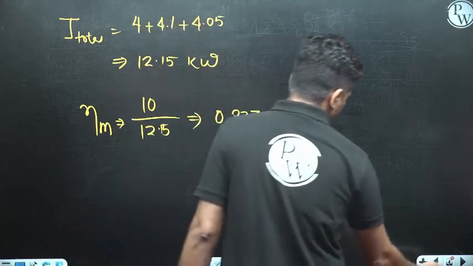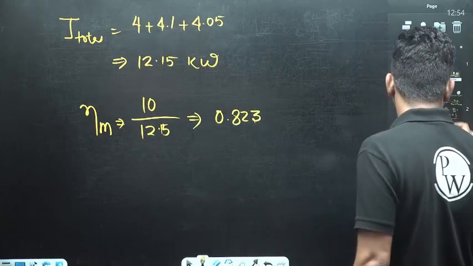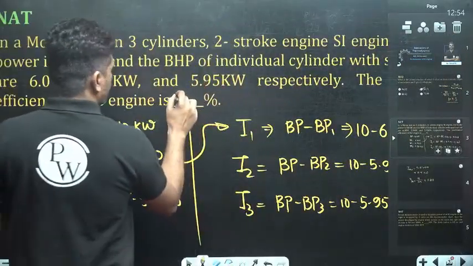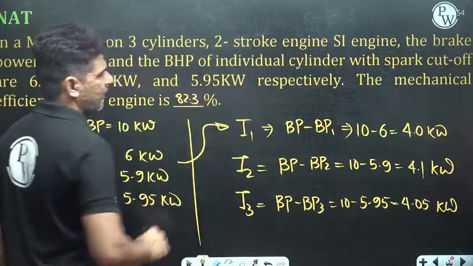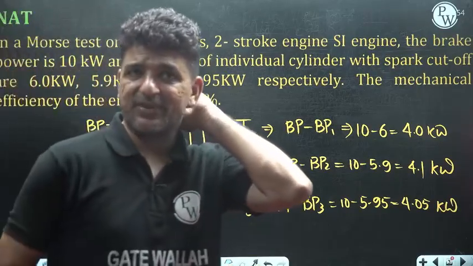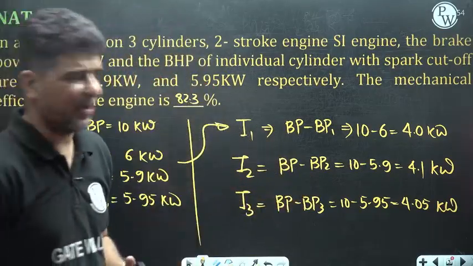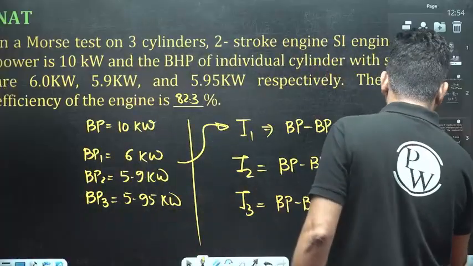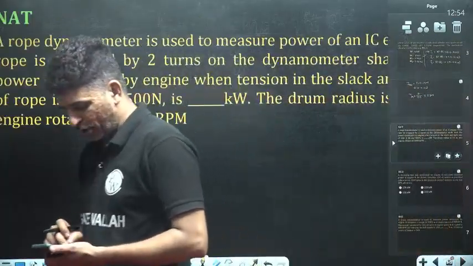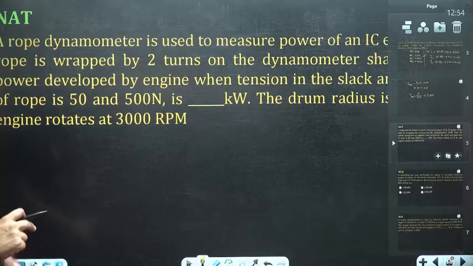So mechanical efficiency is 82.3%. Is it clear to everyone? This was again a very easy question. Generally in performance of IC engine, we have very easy questions coming in all the cases. Okay, let's go to the next question.